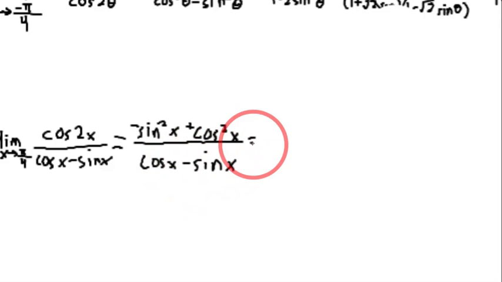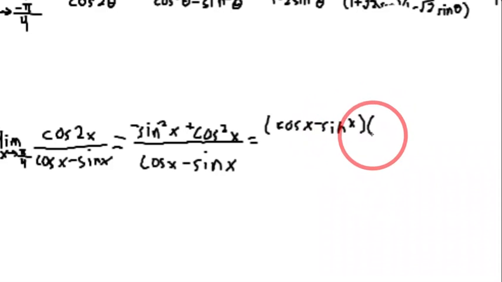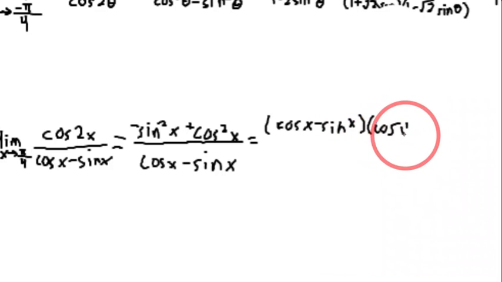And then from here, we can do some difference of squares. So we have cosine squared of x minus sine squared of x, which will leave us with cos x minus sine x times cosine x plus sine x. And for that one, I could have gotten them backwards because addition is commutative.